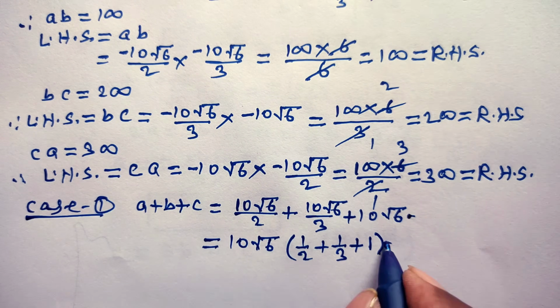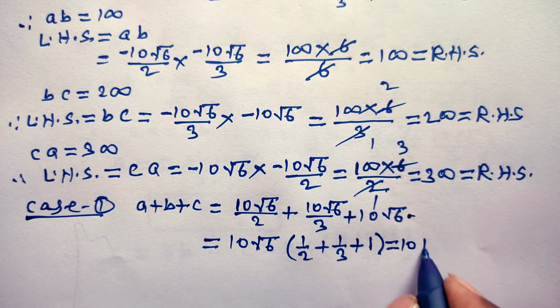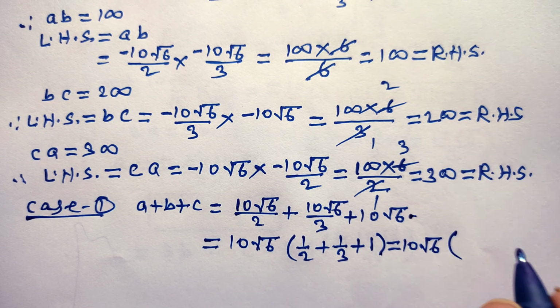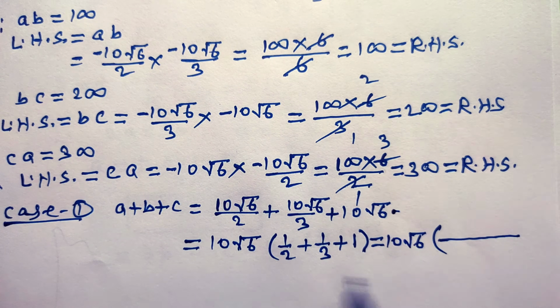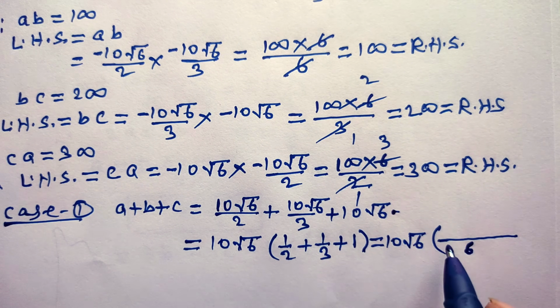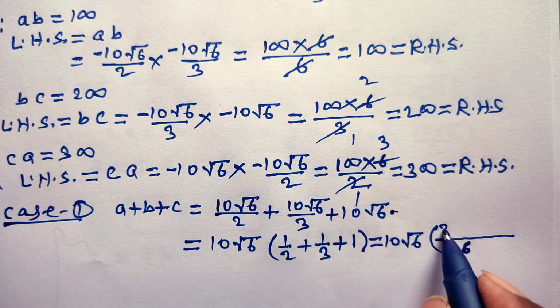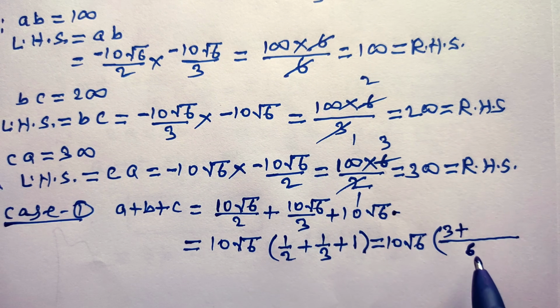This is equal to 10 times square root of 6 into bracket. LCM is 6. In numerator 2 3 ja 6, 3. 3 2 ja 6, 2.